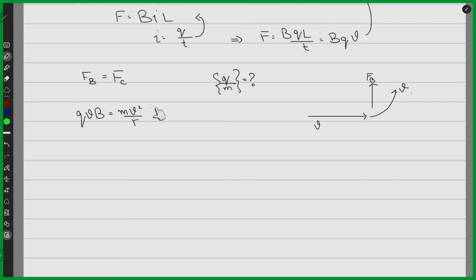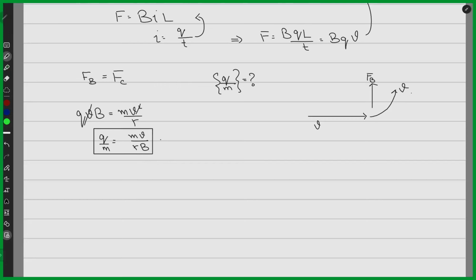So what does this give me? This gives me q over m as v over rB. So this is at least one equation for charge to mass ratio.